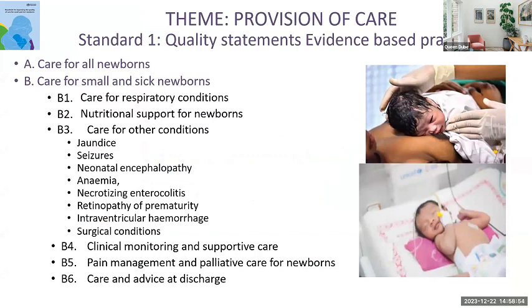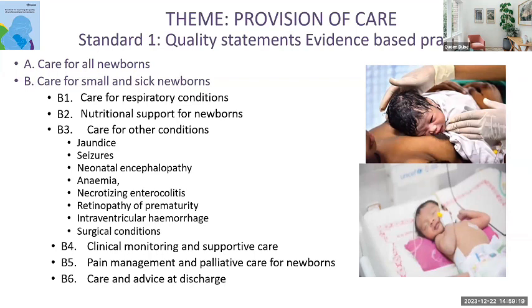So under the quality statements, you have care for all newborns. This is your essential newborn care. And then part B is where you have care for small and sick newborns. Because sometimes we focus very much on the more complicated stuff, and then we forget the essential newborn care. You can put a baby on CPAP, but if that baby is cold, you will not save their lives. If the baby is cold, you increase their risk of dying.